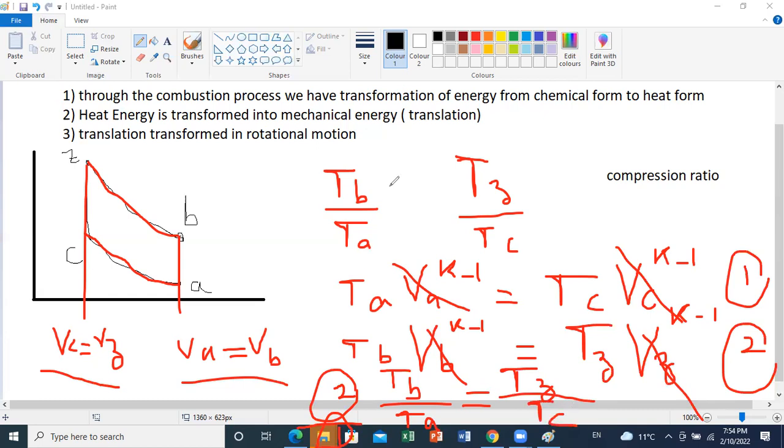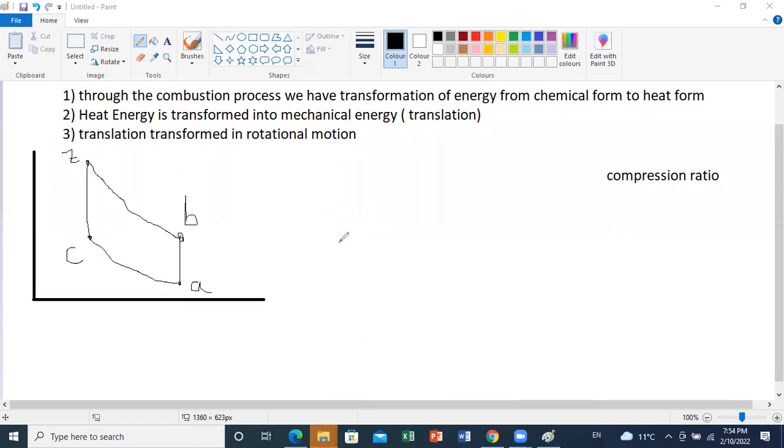Okay, now going back to my efficiency equation, I will end up with a very simple result.